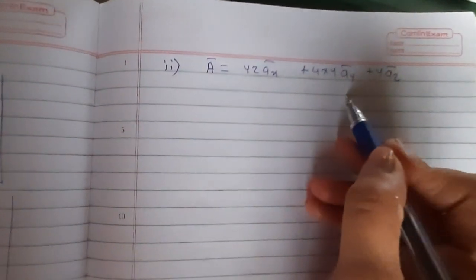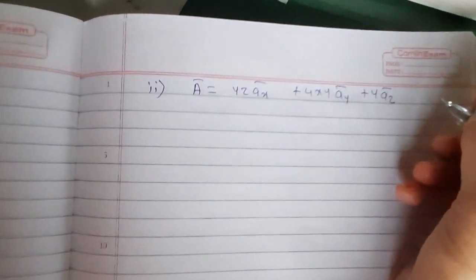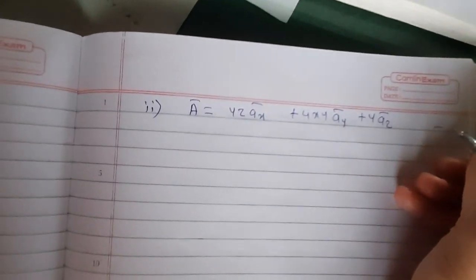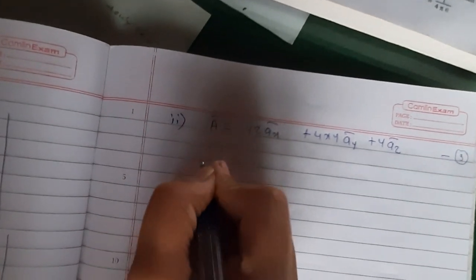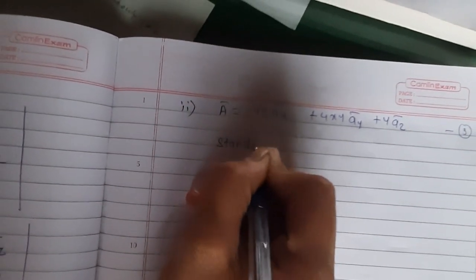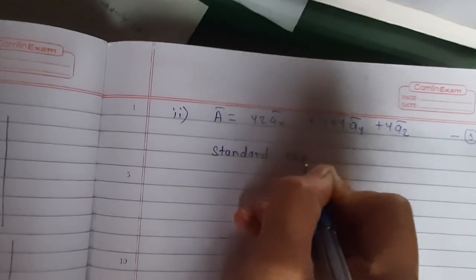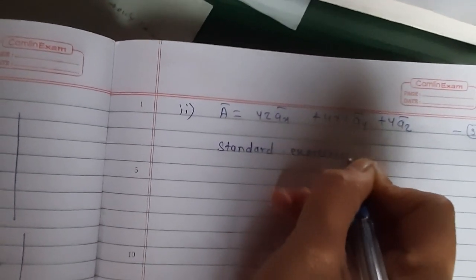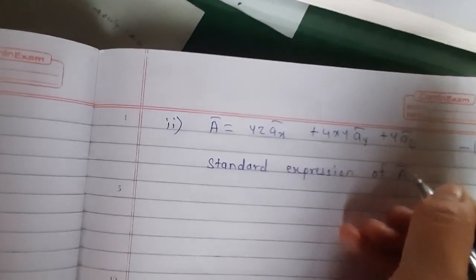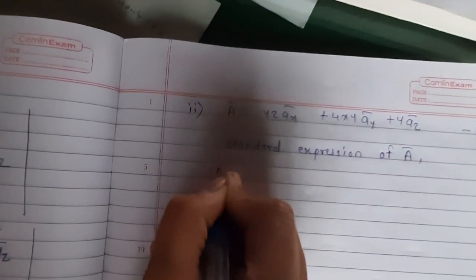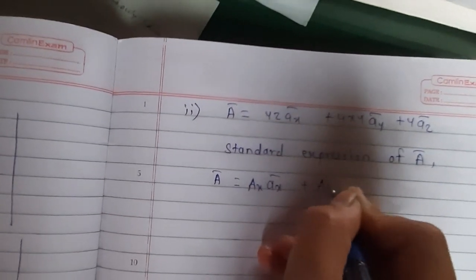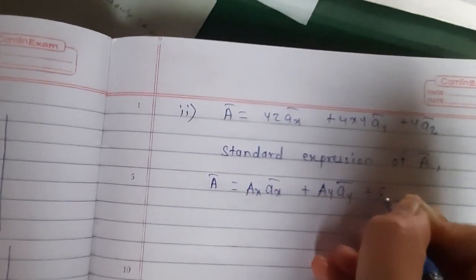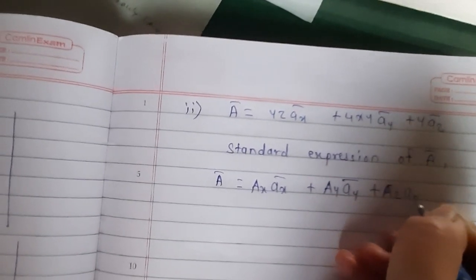So this is our given expression. We will give this as equation number 3 again, and the standard expression of a bar is equal to ax bar plus ay bar plus az bar.